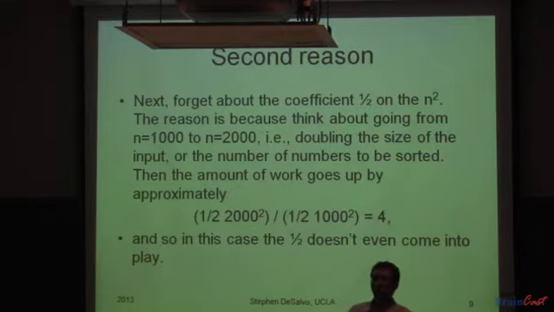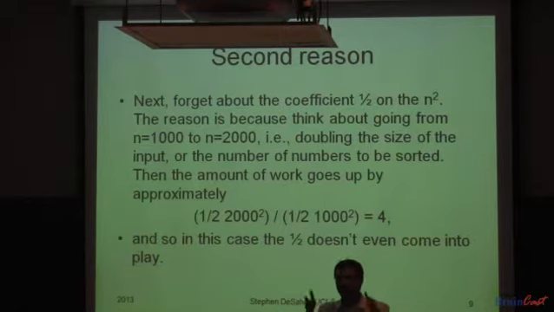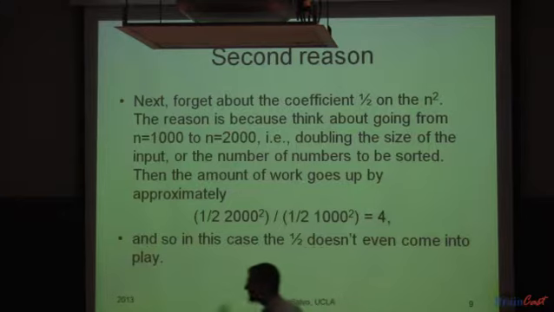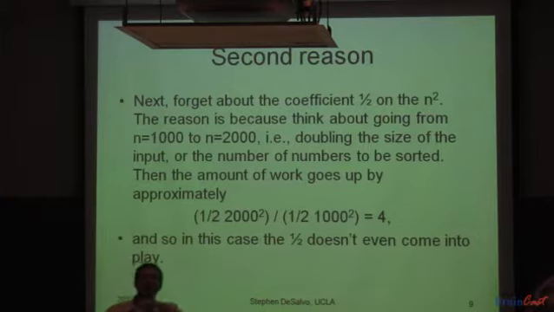So if I can sort an object of length 100 in 5 seconds, how long is it going to take me to sort a list of length 200?